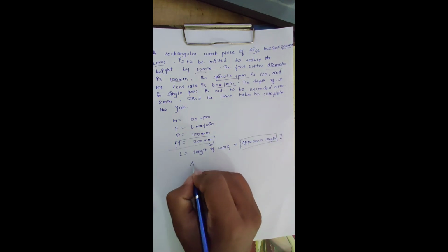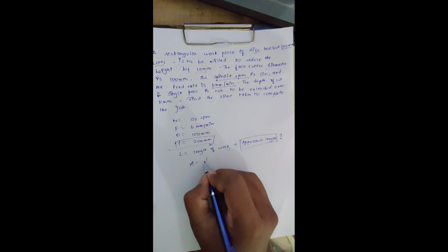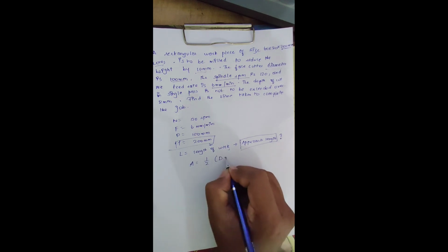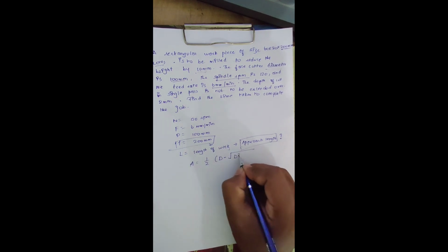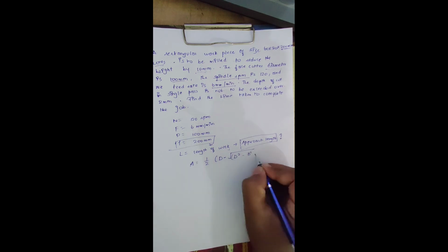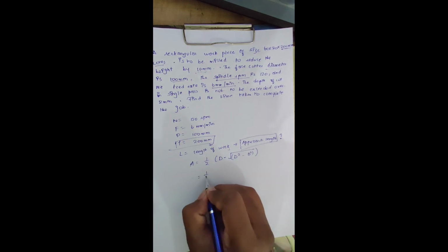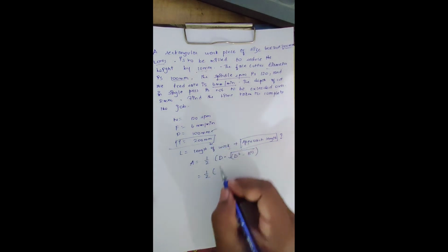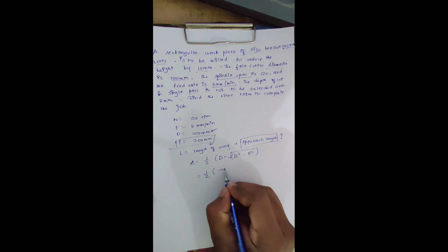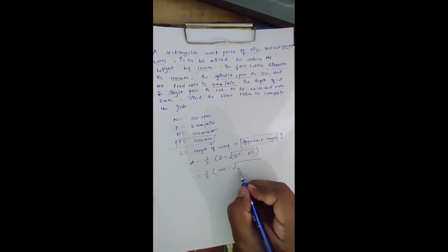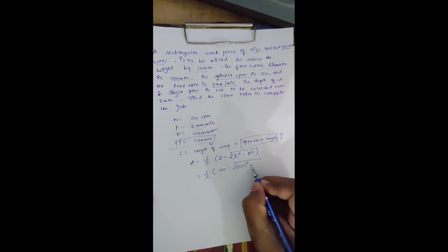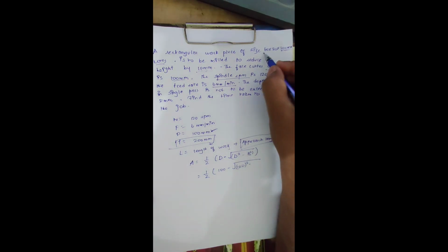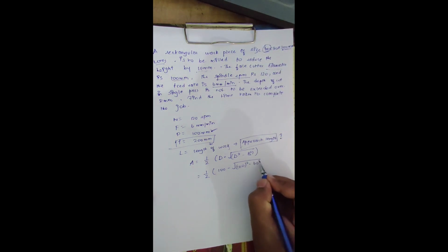The approach length formula is A is equal to half open bracket D minus square root of D square minus B square close bracket. So half into the diameter, 100, minus square root of 100 square minus B, which is the breadth, 60 square.